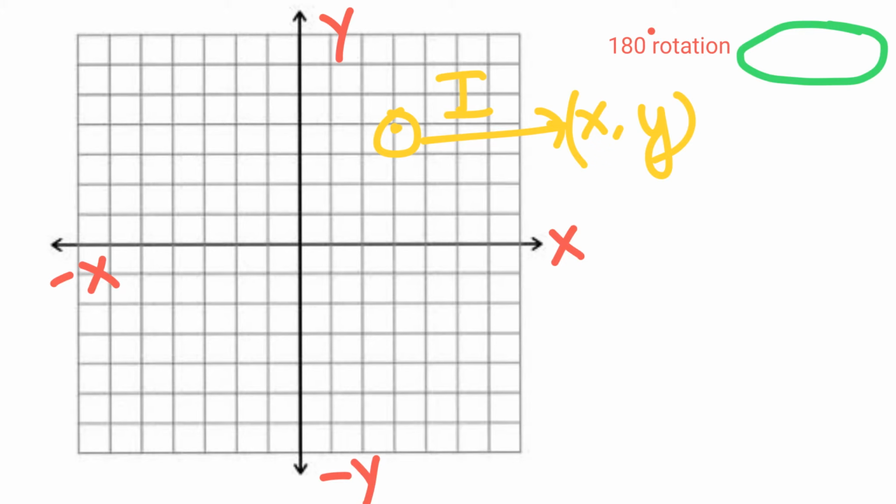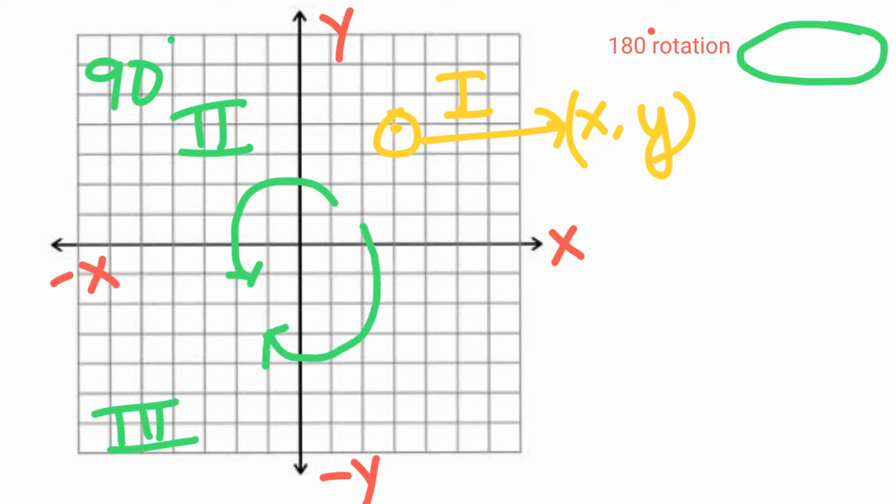This is because a 180-degree rotation anti-clockwise will land you in the third quadrant, and if you go 180-degree rotation clockwise, then also you'll land up in the third quadrant. That is why there is no need to mention whether it is clockwise or anti-clockwise.